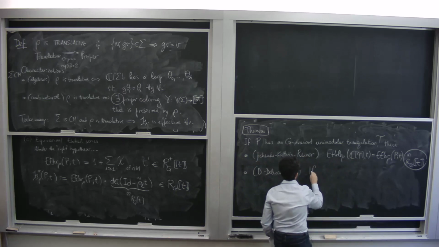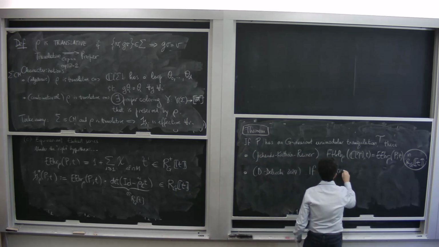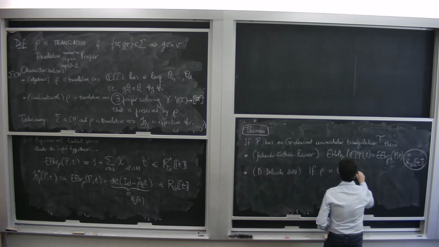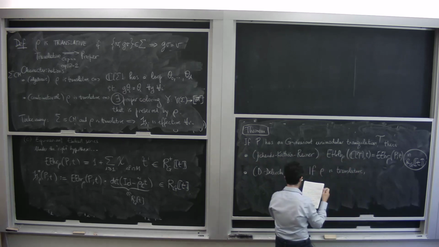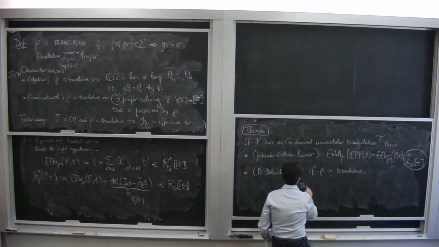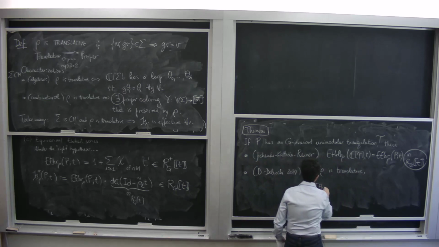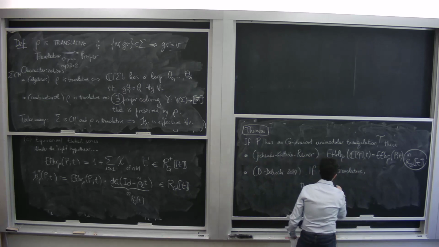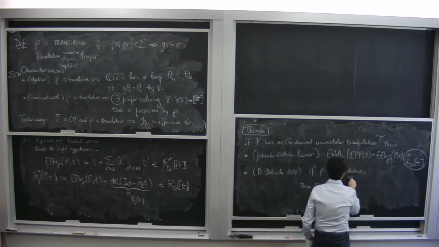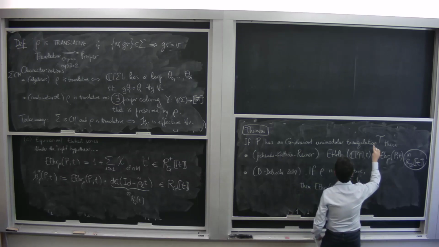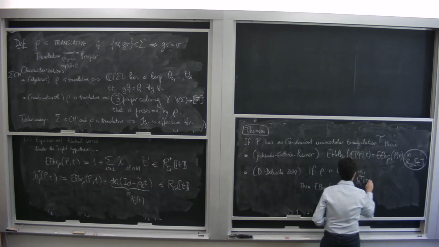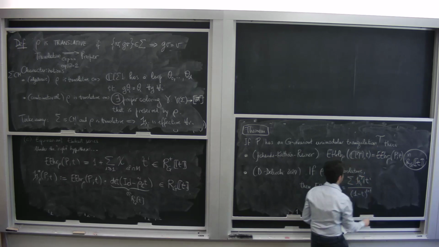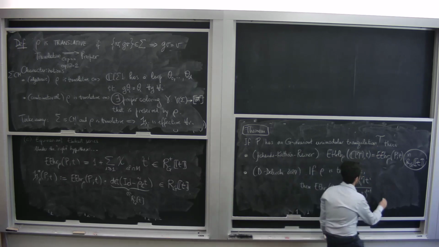So if furthermore rho is transitive, then you get the expression you'd like. And each single H_i is effective.